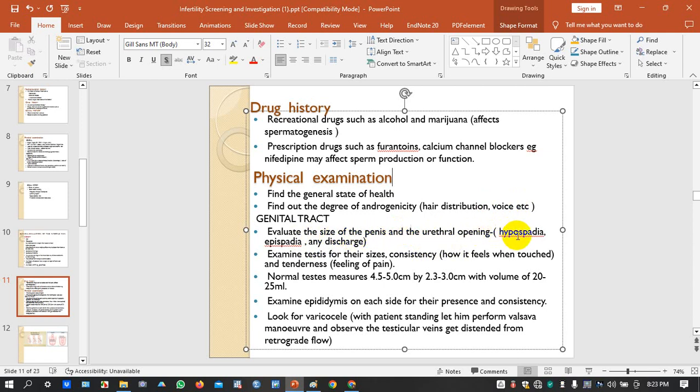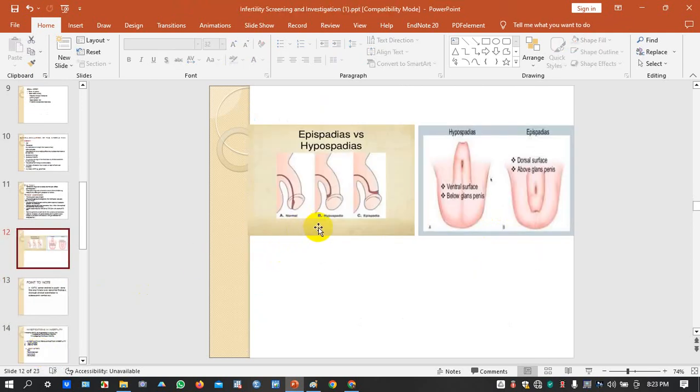Then we examine the penis and see whether it has hypospadias, epispadias, or normospadias. Is there any discharge coming out of the penis? If the person is not able to shoot straight, but it shoots up, this is because the urethra is attached to the back of the penis, then the sperm will shoot up, so it cannot enter the vagina.